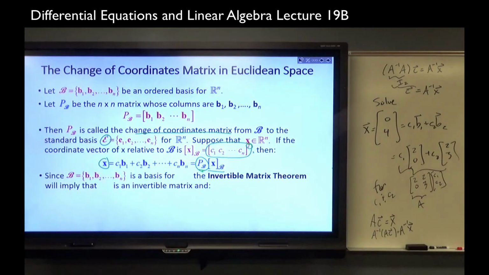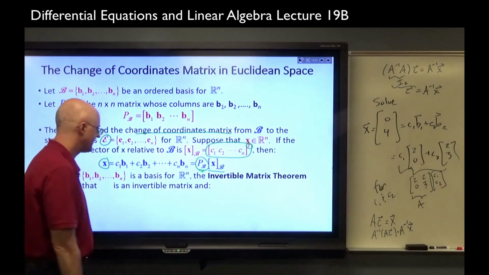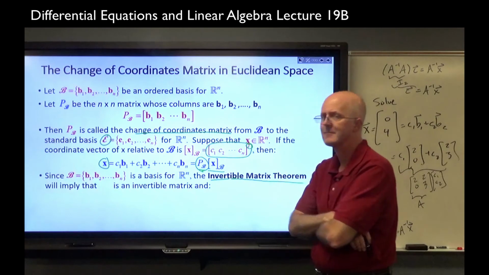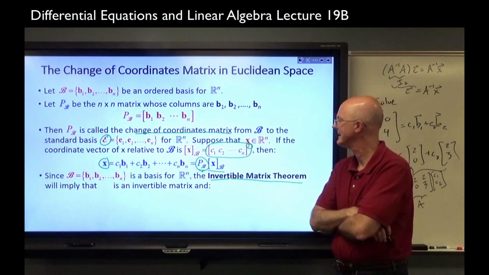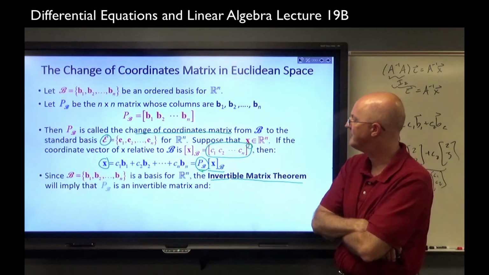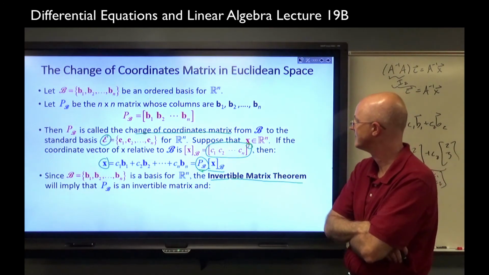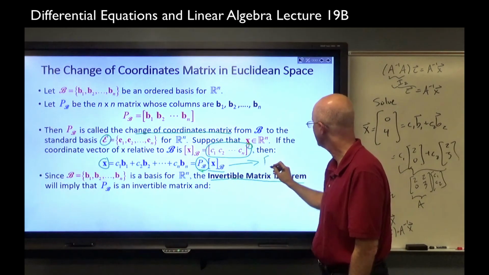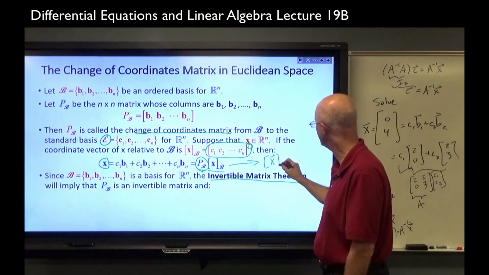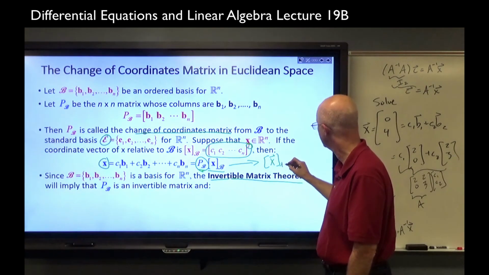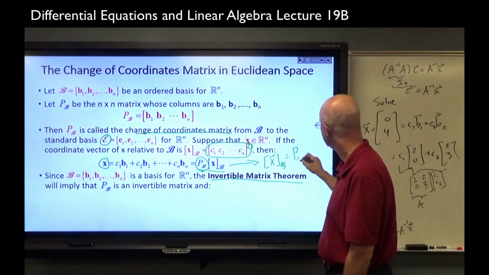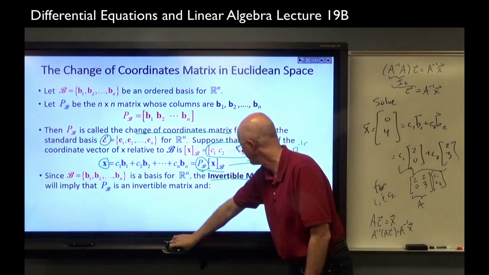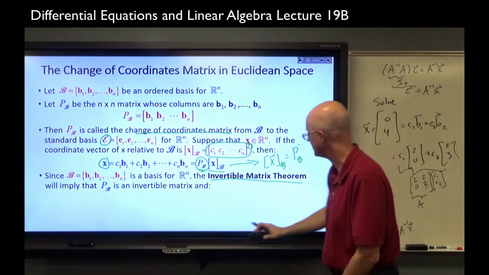Since b1 through bn is a basis for Rn, there's something called the invertible matrix theorem, which I haven't talked about. I could have before this point, but I just haven't. That will imply that P is invertible. And you can solve this equation for the coordinate vector of x by left multiplication by the inverse of P sub B. That inverse matrix will exist by the invertible matrix theorem.